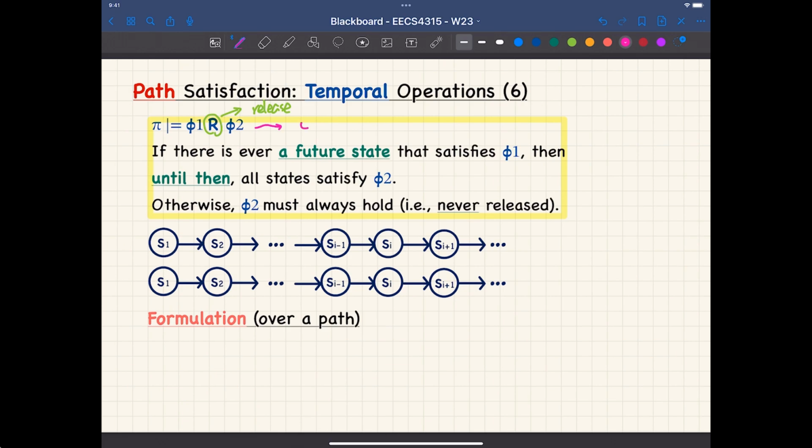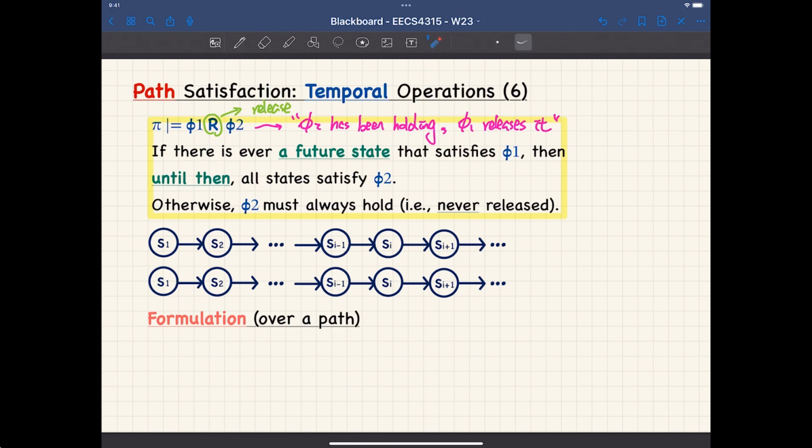More or less, it's not exactly right, but phi 2 has been holding, and phi 1 releases it. Not very precise, but that'll give you a little bit of intuition.